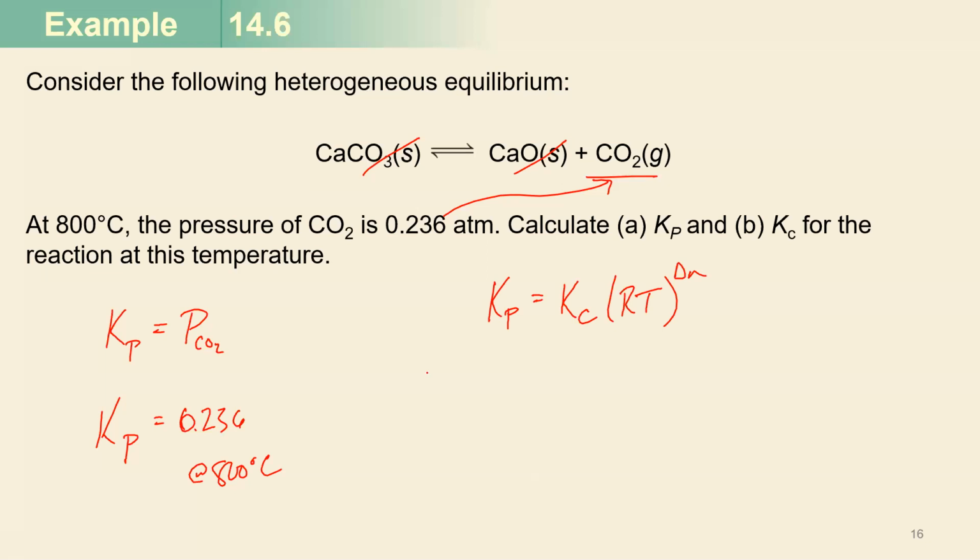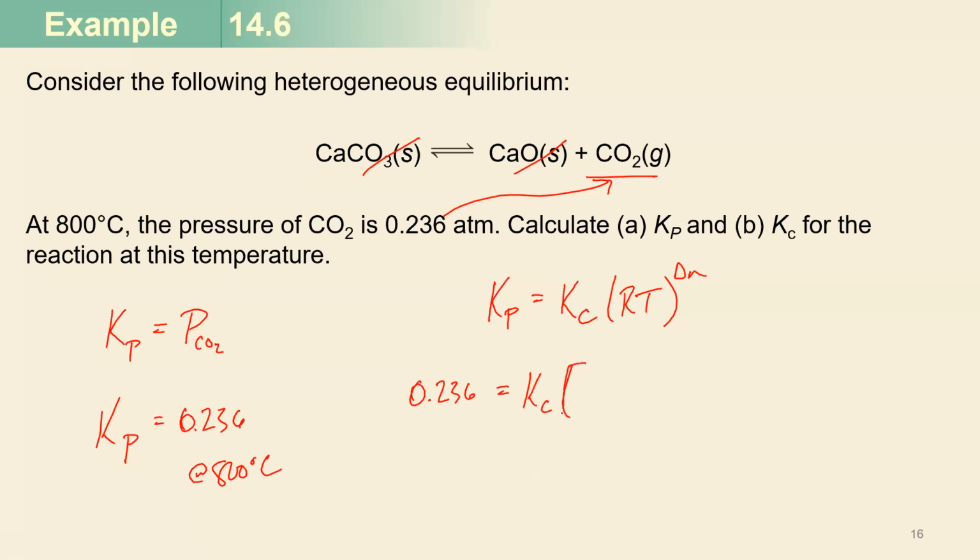So we have Kp, 0.236. Remember, no units on equilibrium constants, and so even though that started out as an atmosphere unit, we don't have any units on our equilibrium constants. So 0.236, and we're solving for Kc.